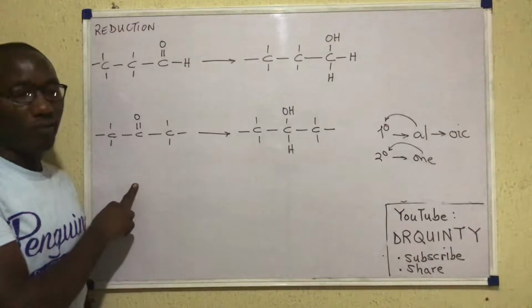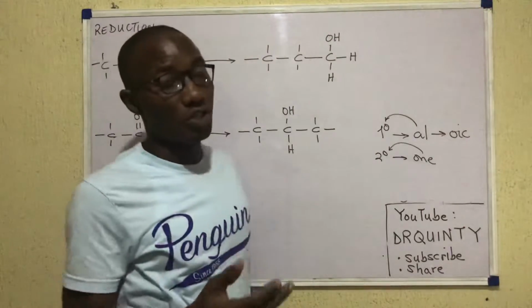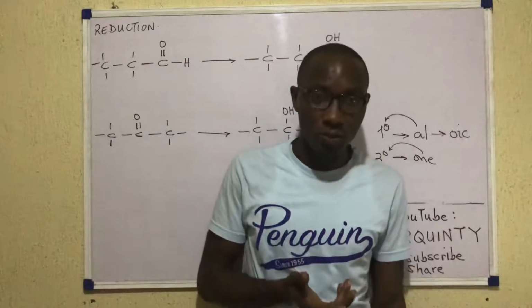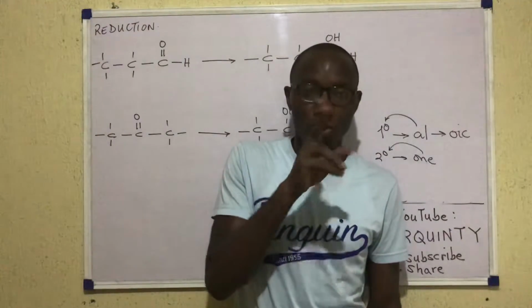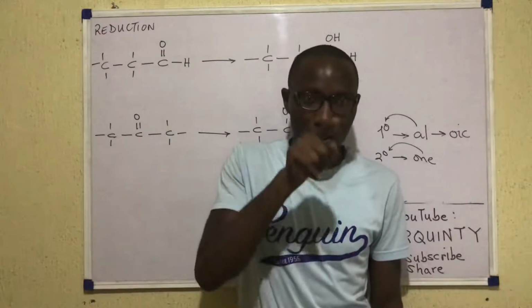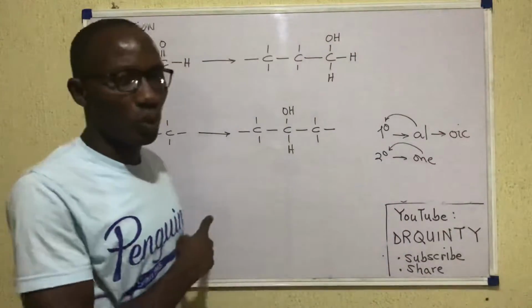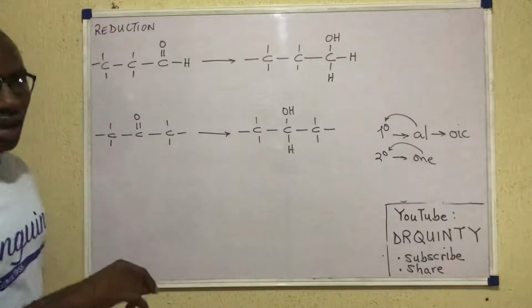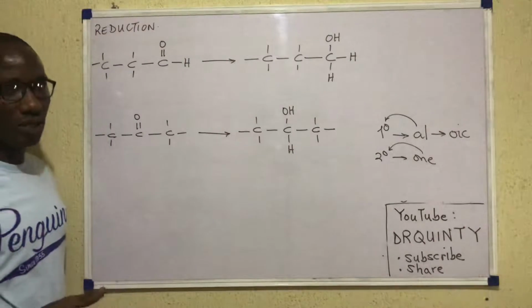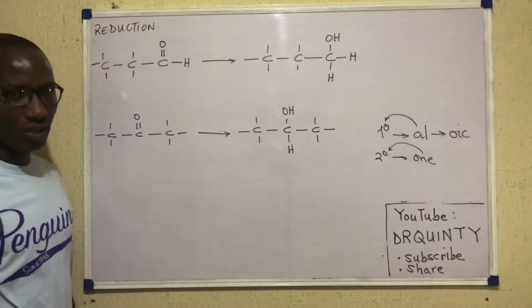So it follows that if we were to reduce an alkanal or alkanone, all we would need to do is introduce 2 hydrogens to the carbon bearing the oxygen. Now, this is just one way of reducing them, adding hydrogens to them using common reducing agents.